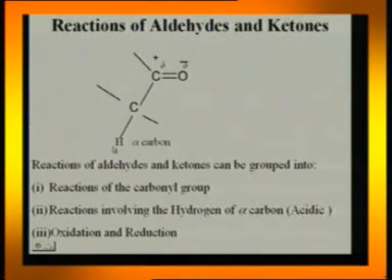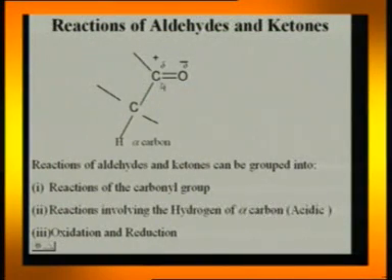It becomes easy to remove this hydrogen atom, and by virtue of this it undergoes a number of reactions where this hydrogen gets eliminated and the reactions take place in a different manner. Broadly, we classify the reactions of aldehydes and ketones into 3 or 4 types.